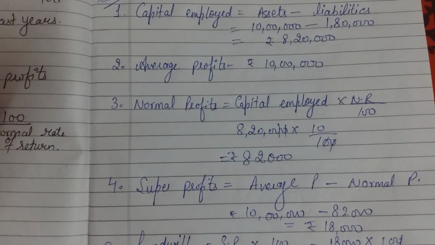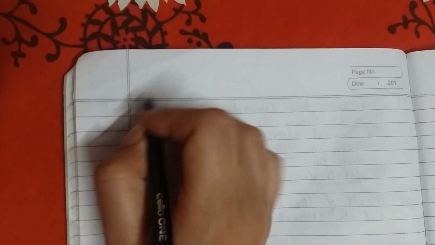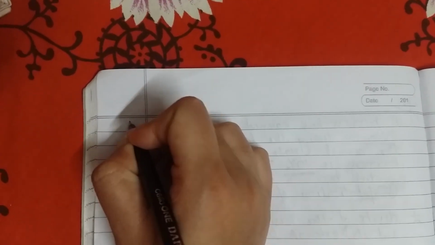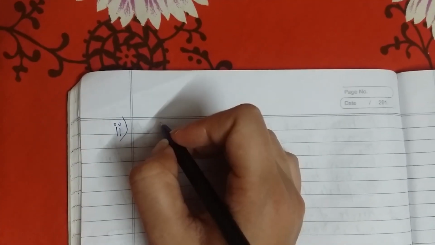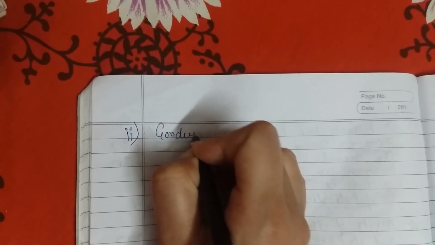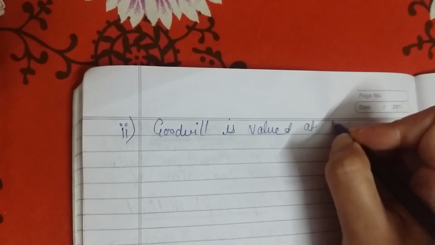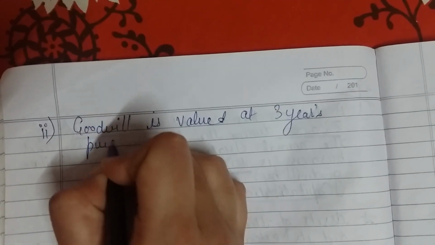And if you have to calculate the question with the simple super profit method, for example, there is the same question, and you get another point that you have to calculate the super profit method if goodwill is valued at 3 years purchase. Clear?